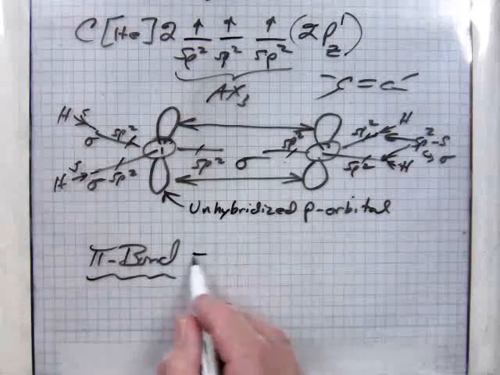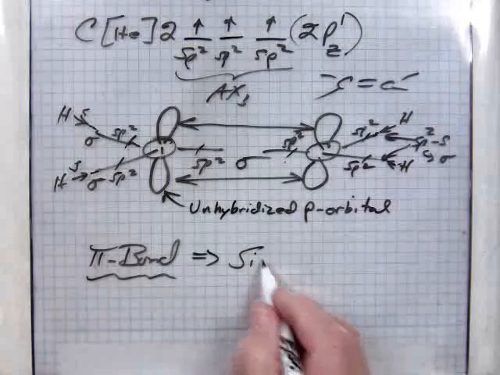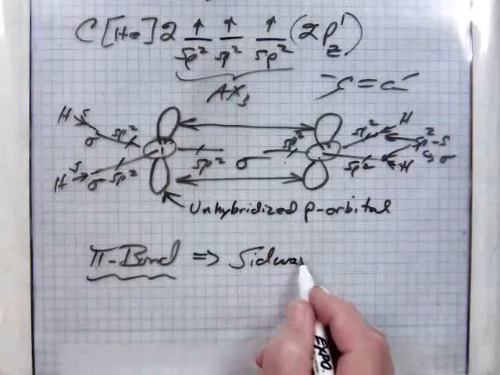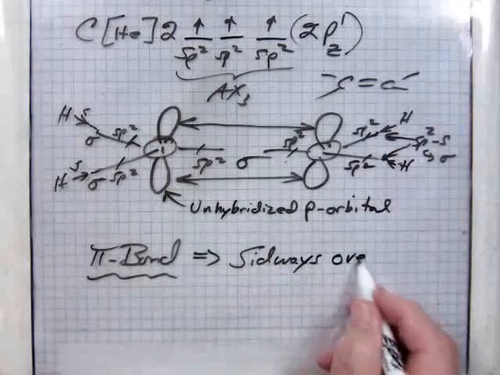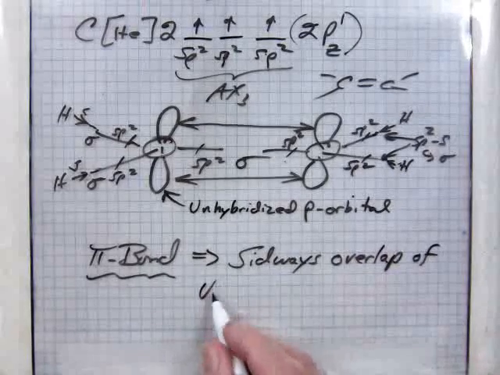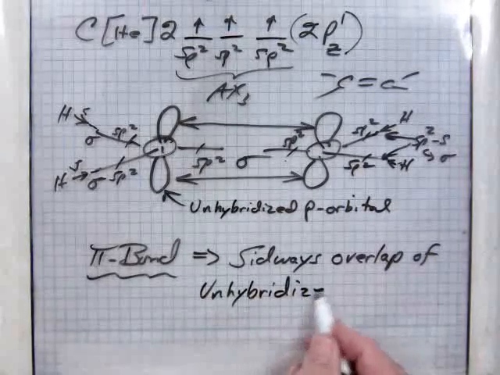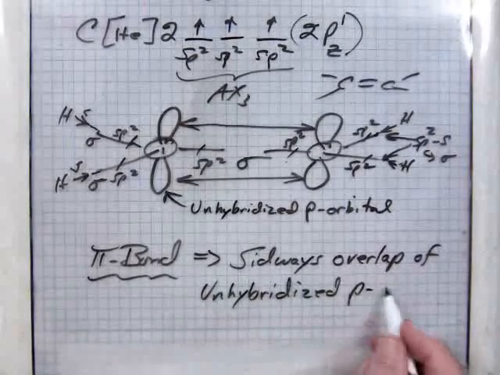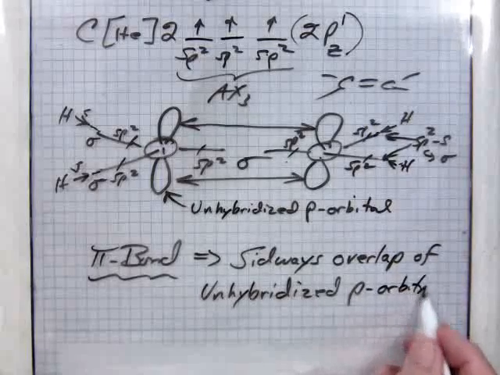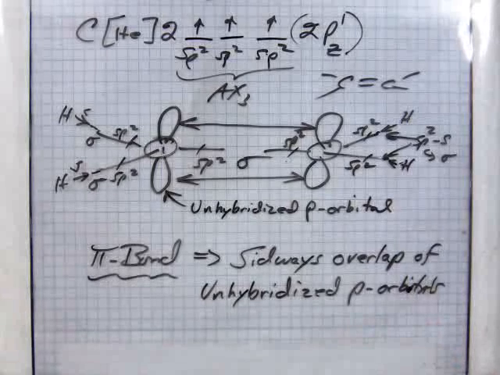And a pi bond is, by definition, sideways overlap of unhybridized p orbitals from two different centers.